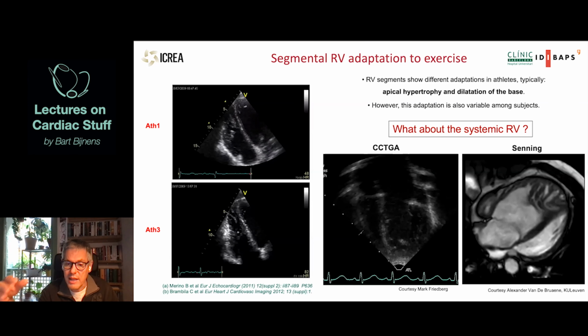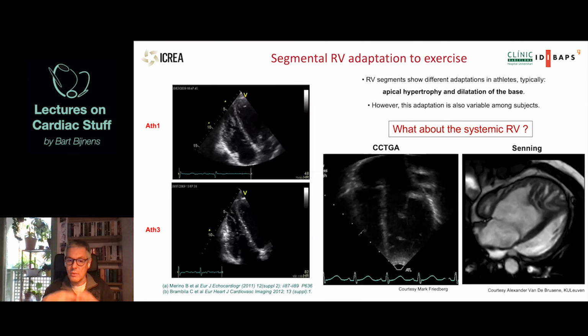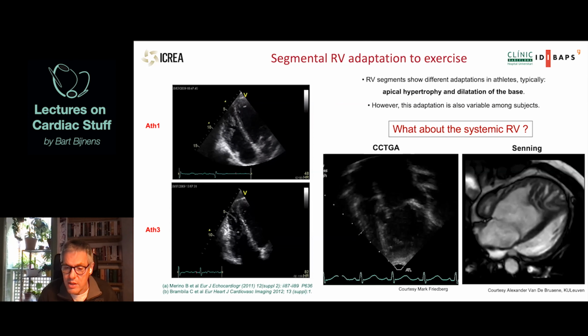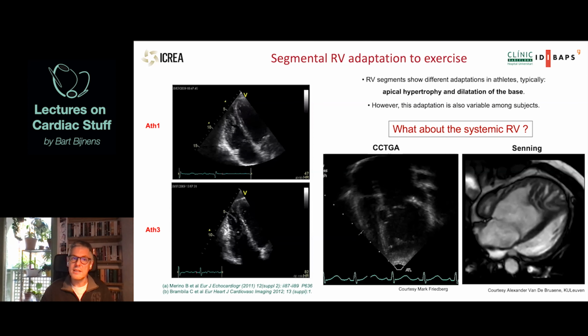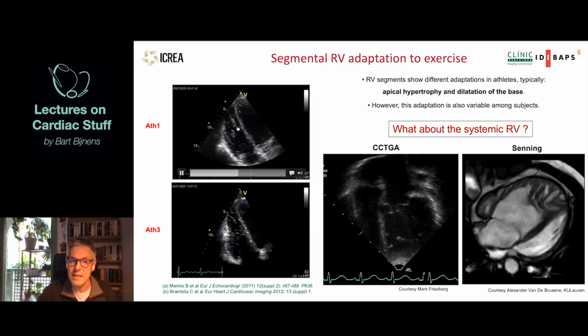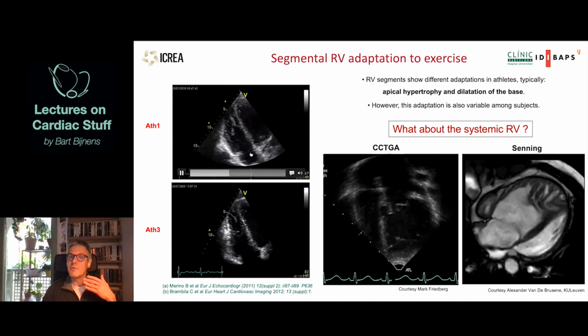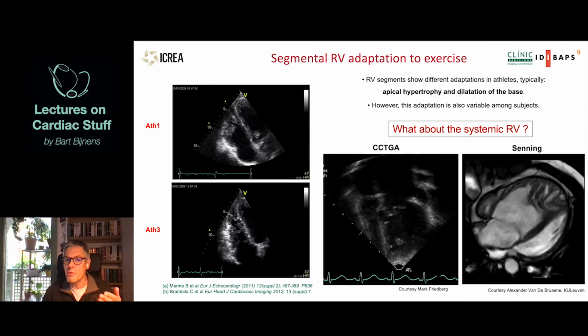You can also imagine that for athletes, those who have this, it is potentially also a problem. Now, the other thing that you see in an athlete is, as I said before, that hypertrophy is very typical, the consequence of pressure loading.